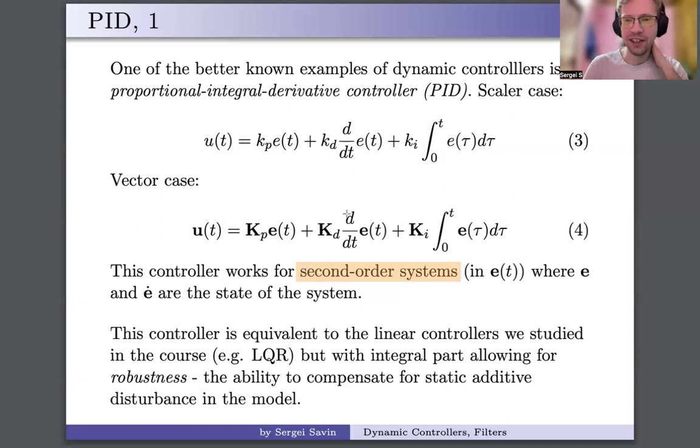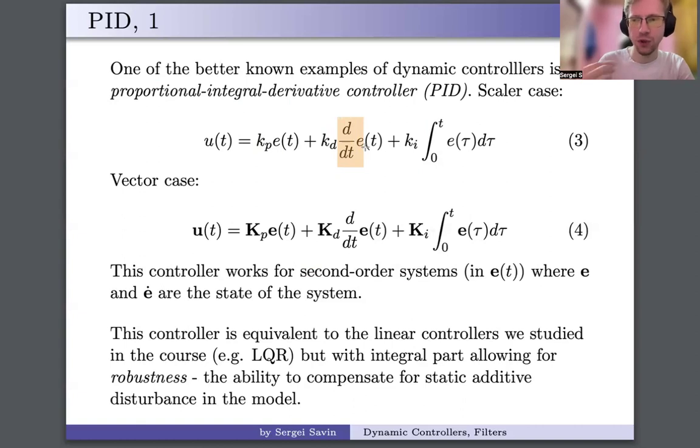What that means is that there should exist E double dot somewhere. The plant has to contain E double dot. This point might not be completely clear, but essentially, you can think of it this way. If inside your controller you already have a derivative, you have to have a higher derivative in the plant. The controller cannot have as an input the derivative which is the highest derivative of your plant.